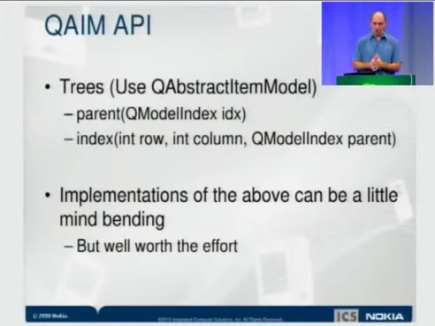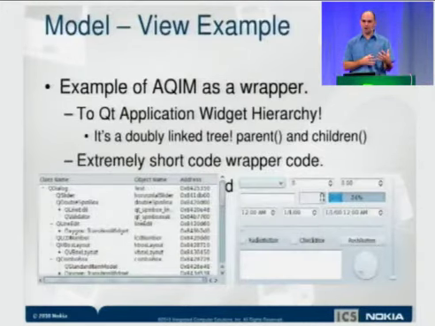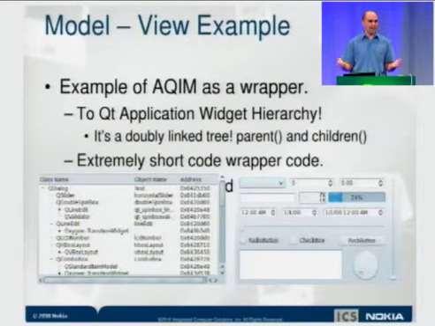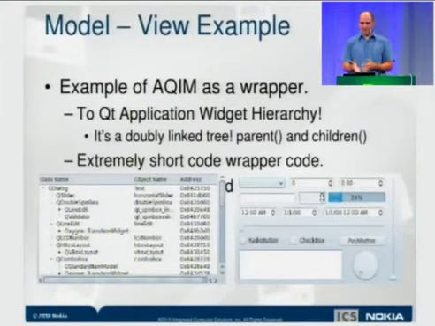So I'm about to show you an example of wrapping a tree, or a data structure that's a tree, with QAbstractItemModel. And what we're actually going to wrap is a QWidget, because a QWidget is a tree. It has children widgets, and those widgets have child widgets, and you basically have a tree. And this is an actual example program that is taking a hunk of widgets from Qt.